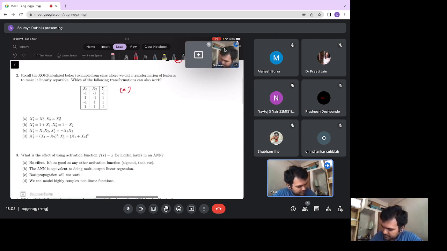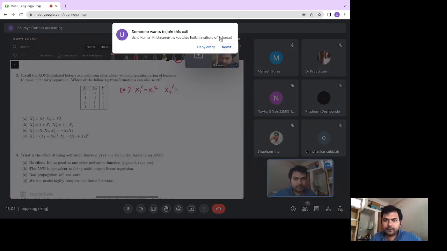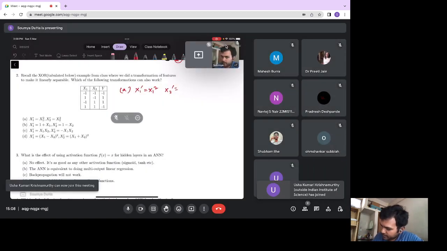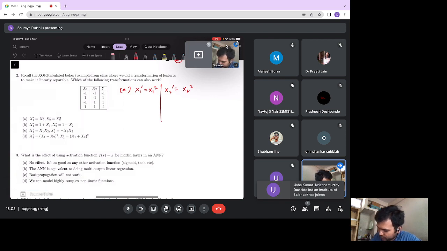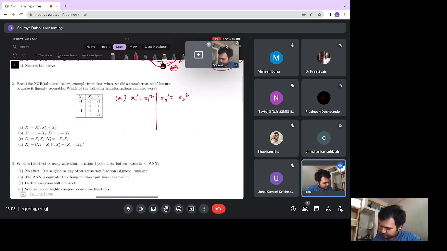So the first case is when I have x1 hat equal to x1 square and x2 hat equal to x2 square. Let me draw the values of x1 and x2. For the first case, x1 will be 1, x2 would also be 1, and y equal to 1.